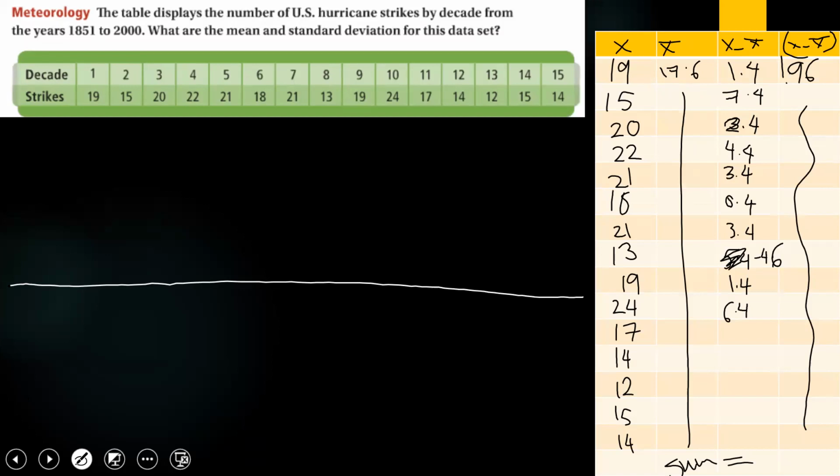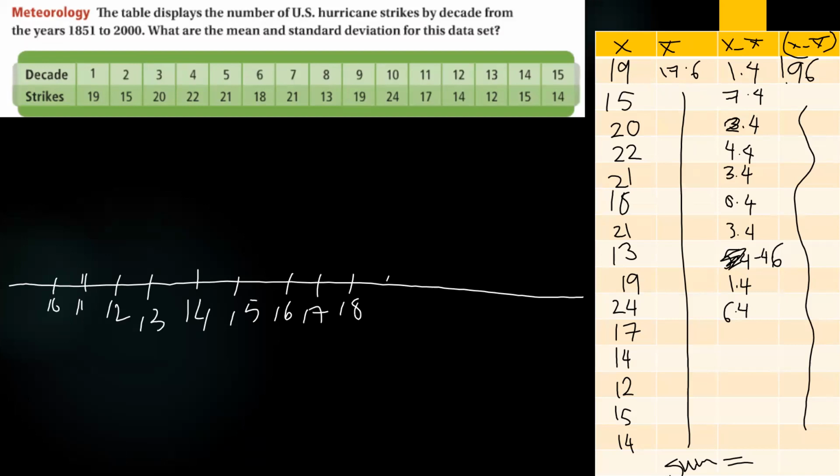We have 10, 11, 12, 13, 14, 15, 16, 17, 18, 19, 20, 21, 22, 23, and 24.